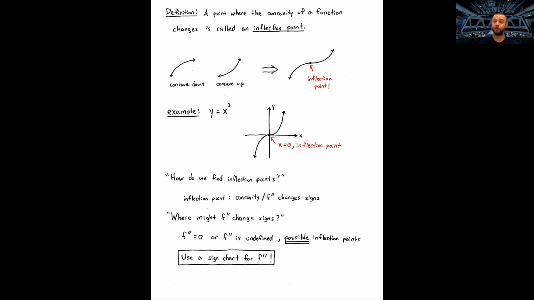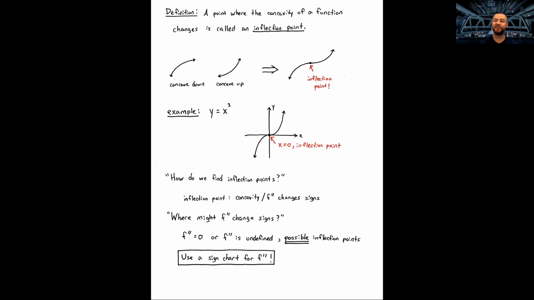All right, so if we're looking for inflection points, a good place to look is where the second derivative equals 0 or where the second derivative is undefined. Those are two possible spots where the concavity, the sign of the second derivative, can change.